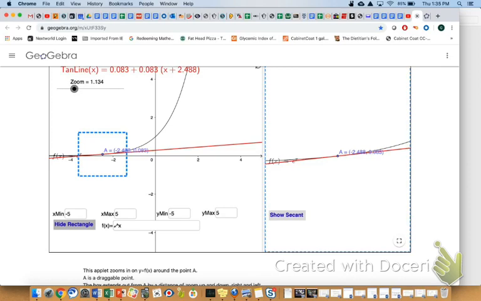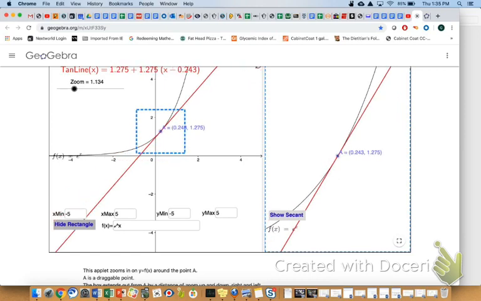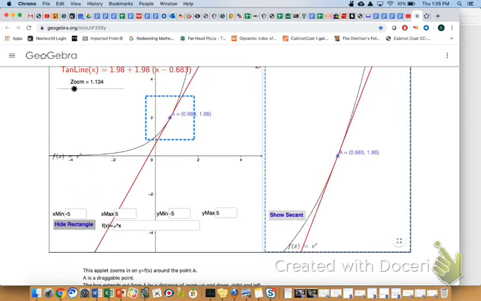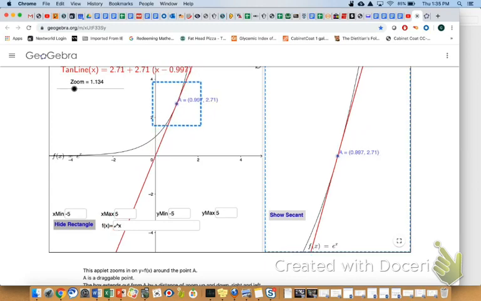Okay. So I'm going to go back to that 0.997 for my x value right about there. Okay, there we go. So if we look at this tangent line right here, we pointed out the point of tangency is 0.997 comma 2.71. What's the slope of the tangent line?